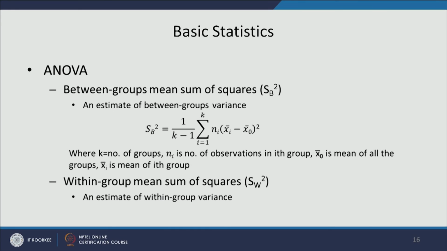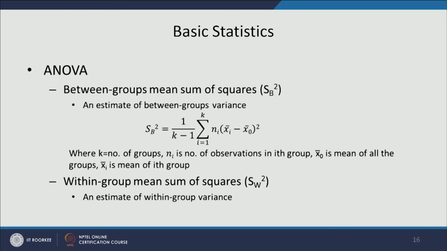SB squared can be computed as 1 divided by k minus 1, where k is the number of groups, times the summation over i from 1 to k of ni, where ni is the number of observations in the ith group, multiplied by the square of the difference between the mean of the ith group and the mean of all the groups. So, this is the formula for SB squared, which is mainly for between group variance.